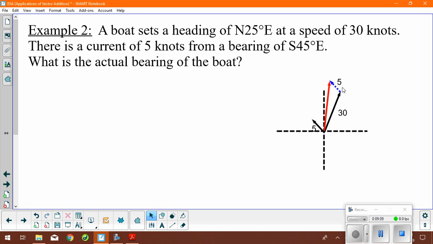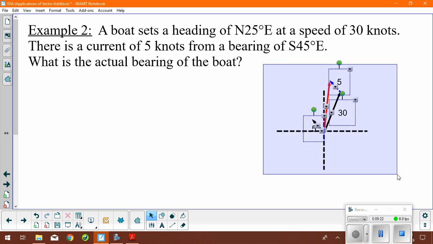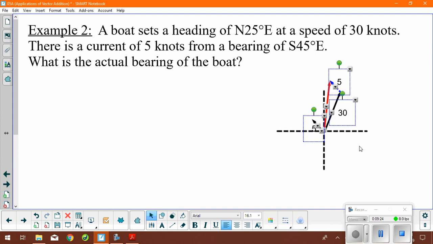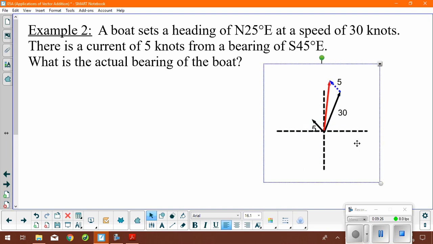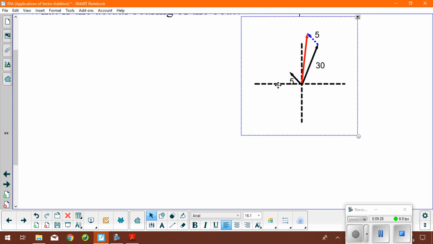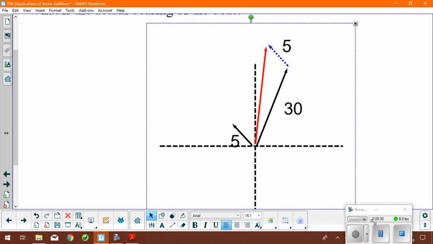I've got the two side lengths here. If I knew the angle in this corner, I would be able to get the next part. Unfortunately, it's not very clear from the diagram here. We need to do some adding of angles. So I'm going to make this a bit bigger so we can really see what's going on.